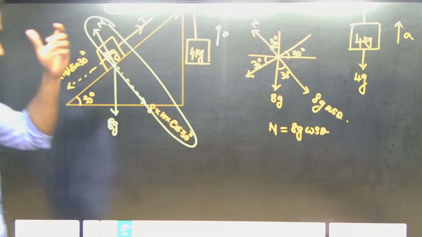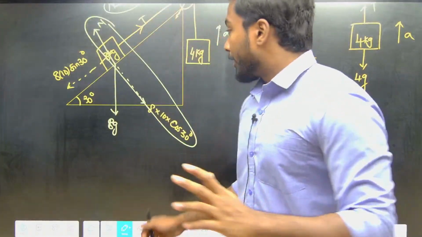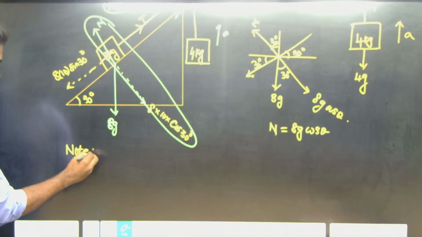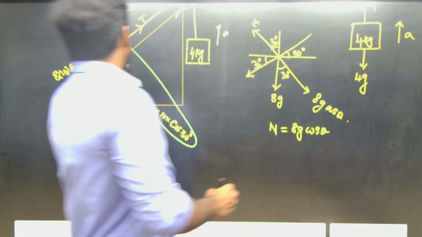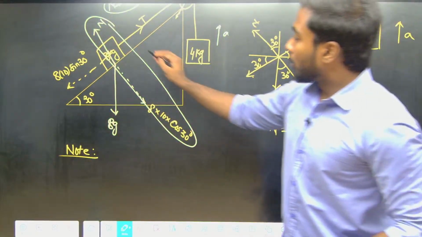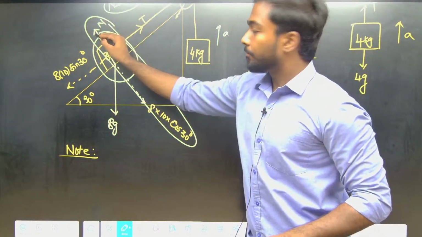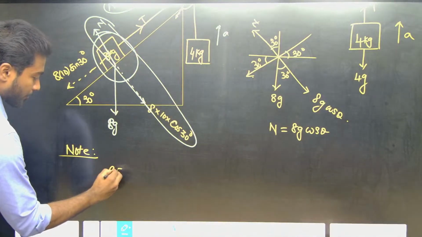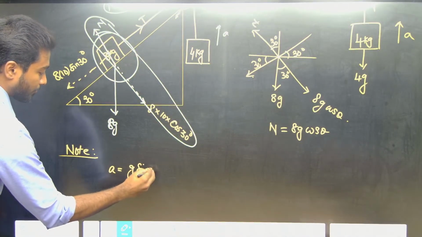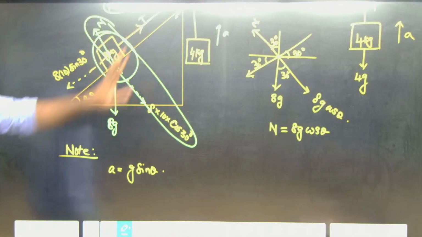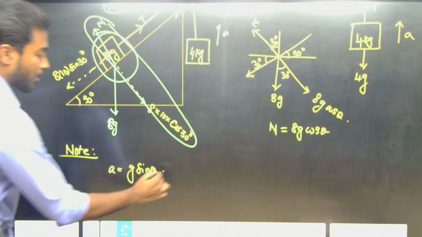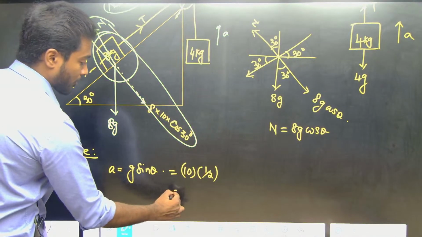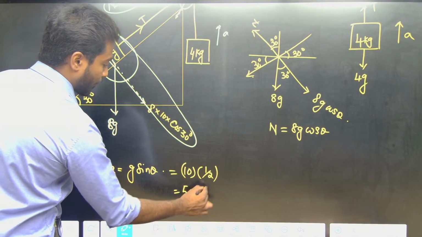So here I will mention a note point: whatever the mass can be, acceleration will be g sin theta. Mass can be anything, but acceleration is g sin theta. What is g? 10. What is sin 30? 1 by 2. So acceleration is 5 meter per second square.